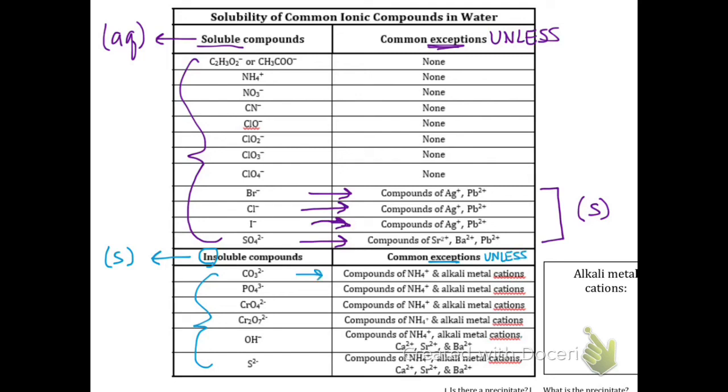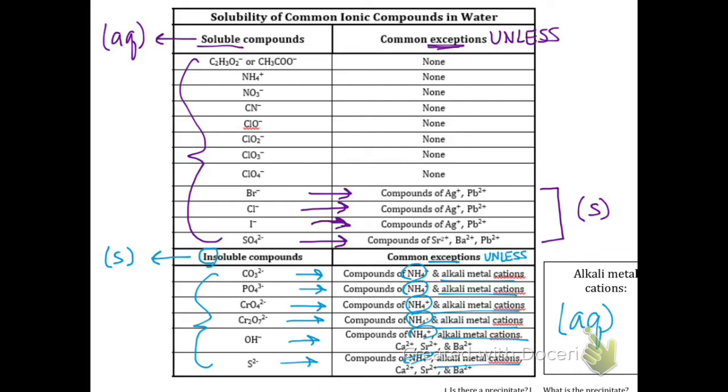So you gotta look at the exceptions, okay? All of them have NH4. So NH4, right? And all of them say alkali metal cations. So anytime you see an alkali metal or NH4, it will always be aqueous. It's always going to make it opposite.